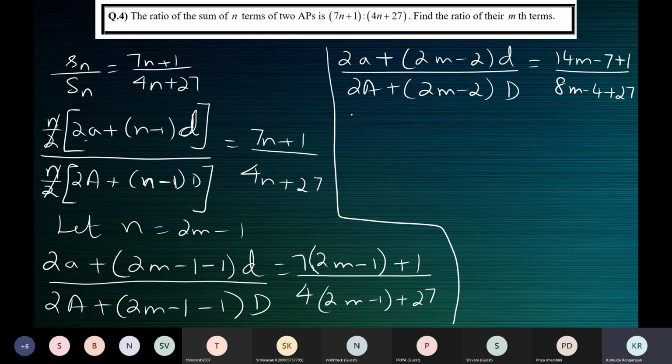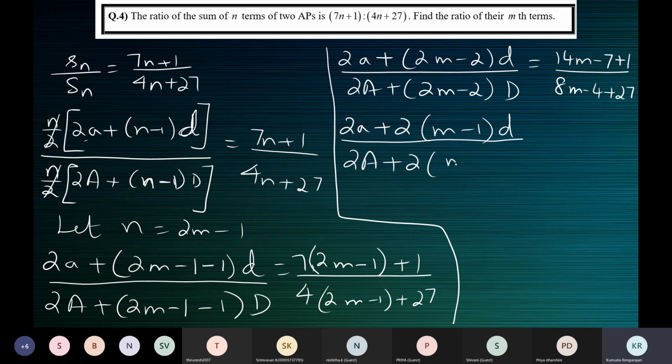So 2a plus 2 common, m minus 1 into d divided by 2a plus 2 common, m minus 1 into d is equal to 14m minus 6 divided by 8m plus 23.